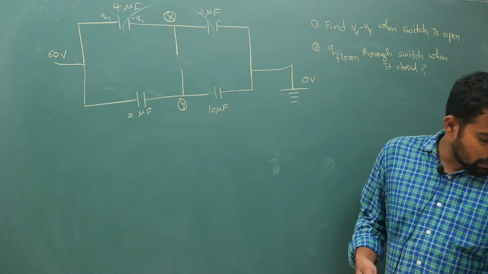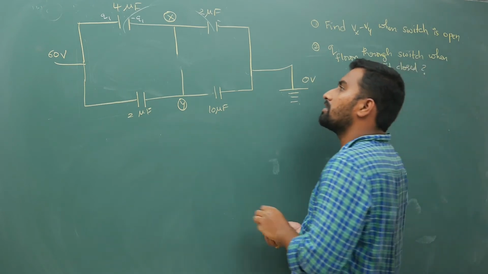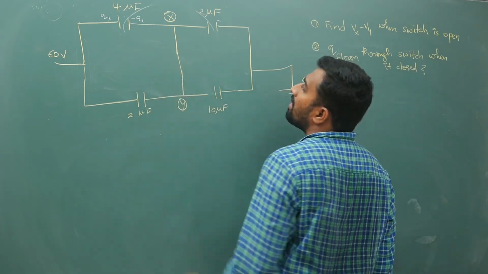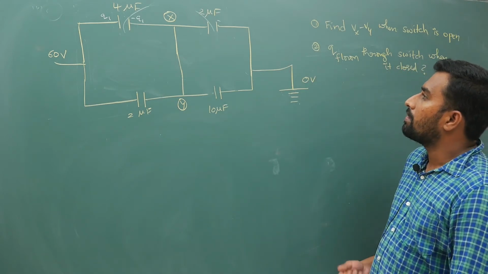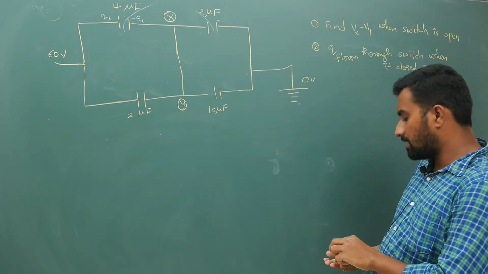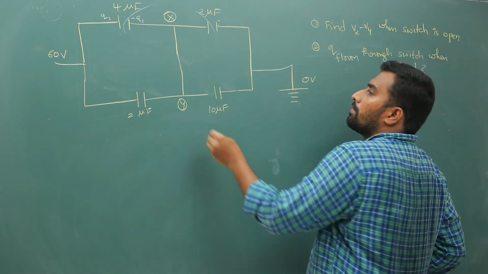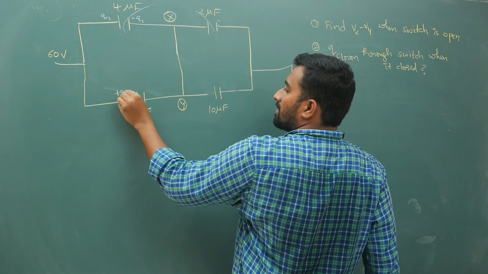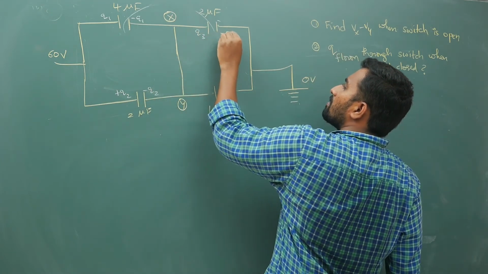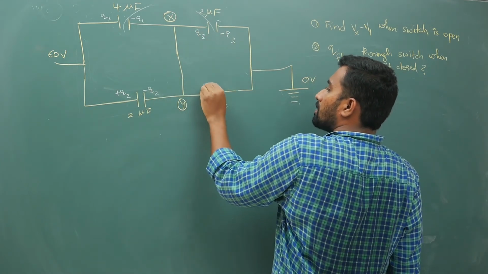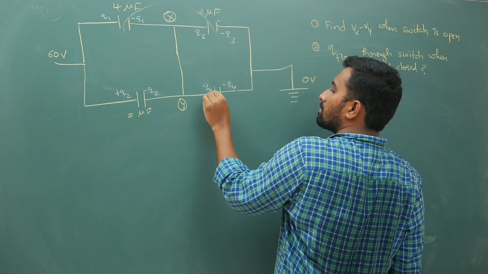Right. Now after closing the switch, to calculate the charge flown, we first need to calculate the potential and the charges on each plate. So plus q1 minus q1, plus q2 minus q2, plus q3 minus q3, plus q4 minus q4.